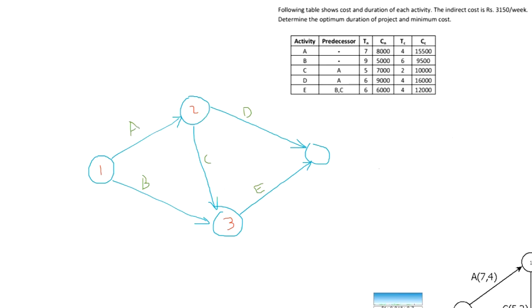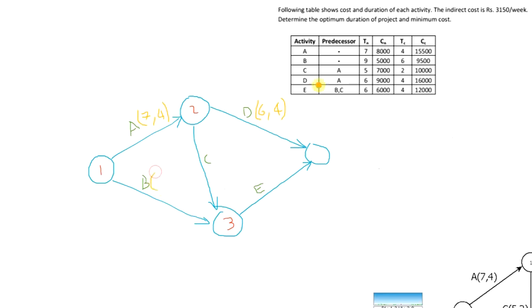Now we will write the time durations of each activity here. For A, the normal time is 7 and the crash time is 4. For D, the normal time is 6 and the crash time is 4.